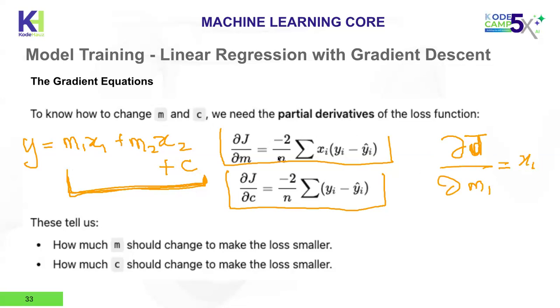So it's going to be the same thing, except that instead of xi, it's x1i. Then if you're doing del j del m2, you will now see that it is x2, so it's going to be x2i. That's the difference.